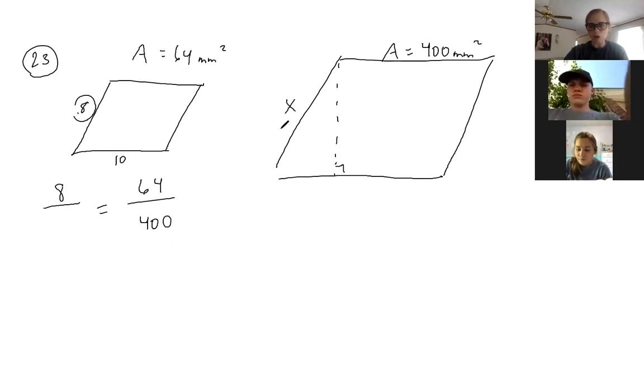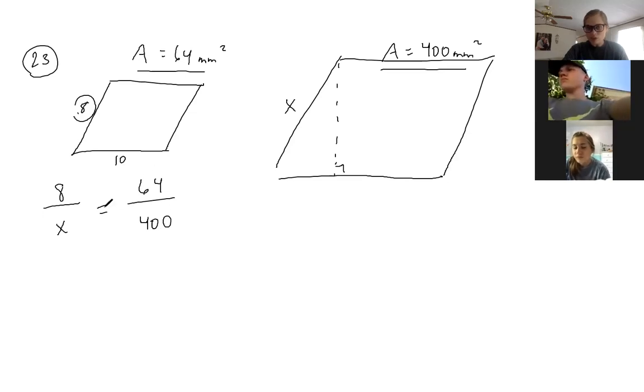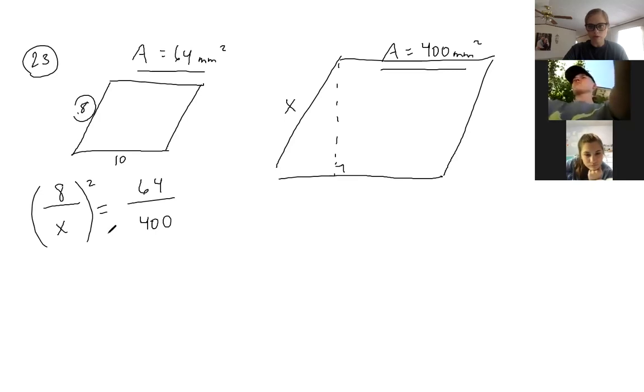Do we know that side? No. So we're just going to represent it as x. But there's one last thing we have to remember: because these are areas, the ratio is going to be squared. Does that make sense, Ethan?